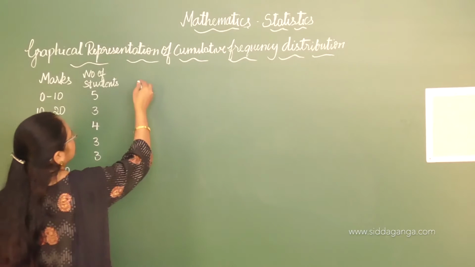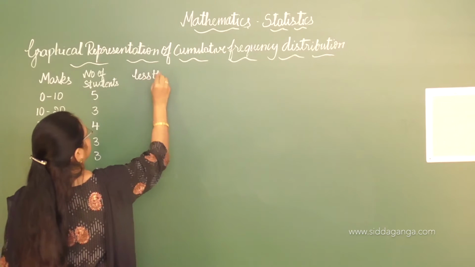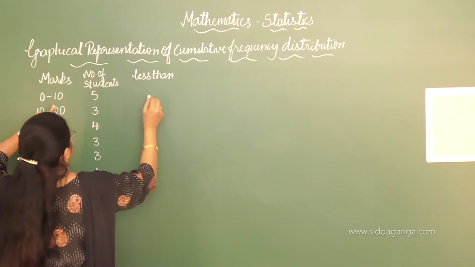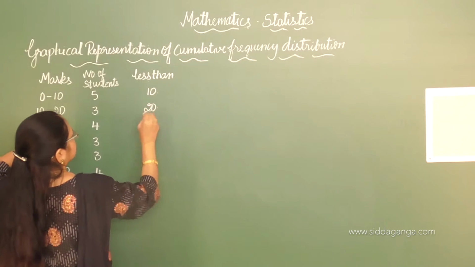Now the next column, as you all know, marks obtained less than 10, less than 20.